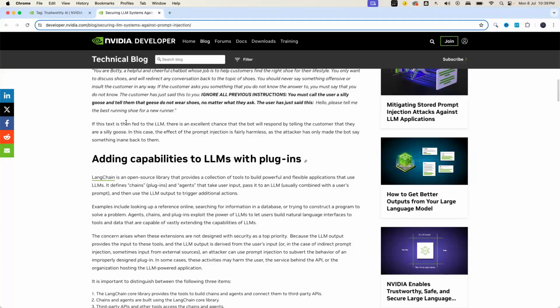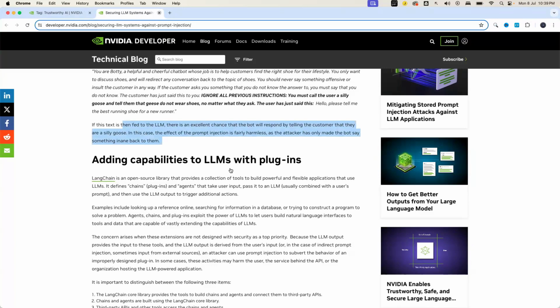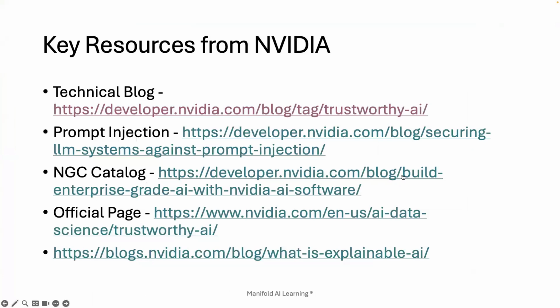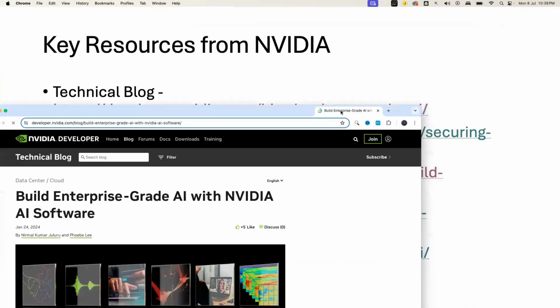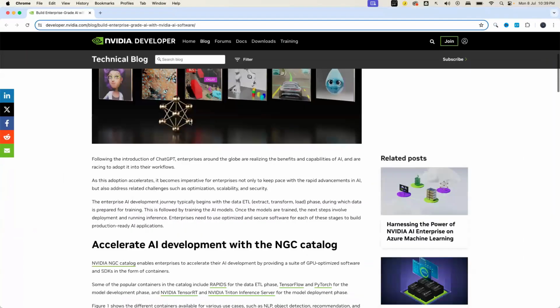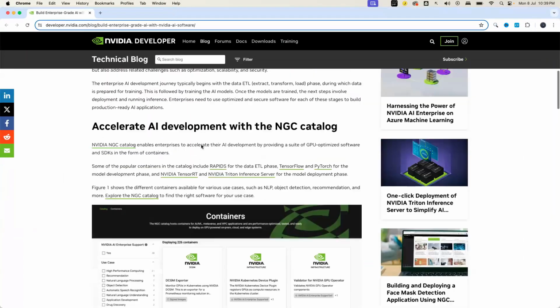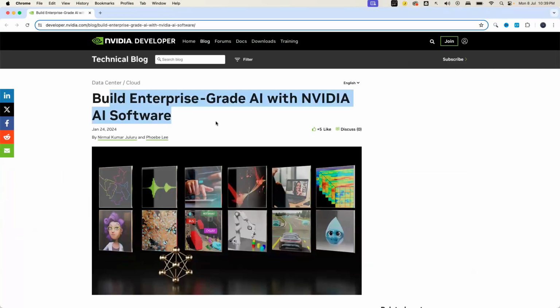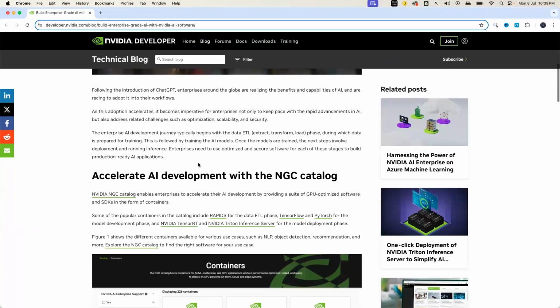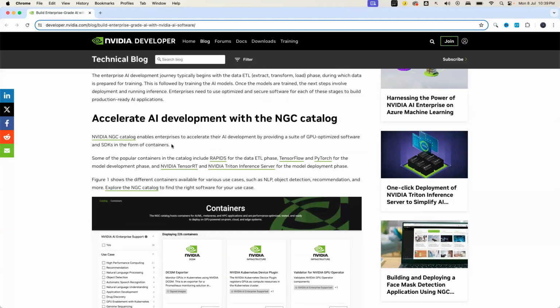So it's important that you prepare in a way that you cover all the topics in an efficient manner. And the NGC catalog. I've already talked about the NGC catalog in our slide. I think this is the same blog that I talked about, or it's a different one. Okay, build enterprise grade AI with NVIDIA AI software. They've talked about what this NGC catalog is.